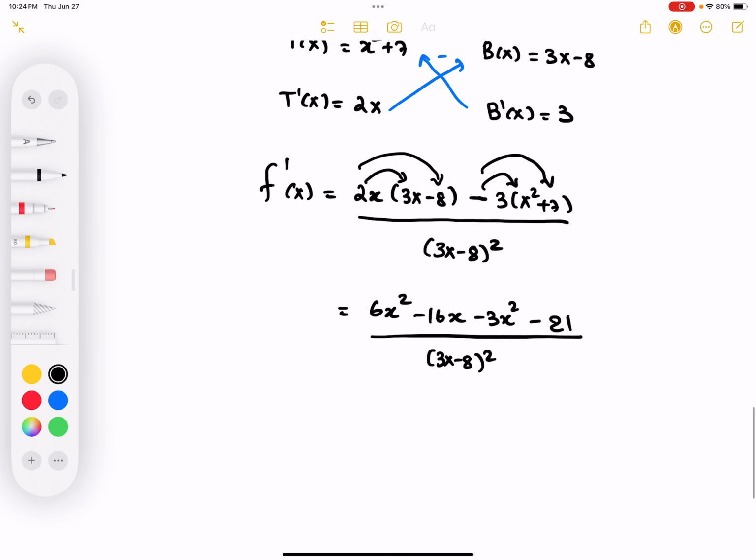Now, like terms, 6x squared minus 3x squared is 3x squared minus 16x minus 21 divided by 3x minus 8 the whole square. So this is the derivative of the function.